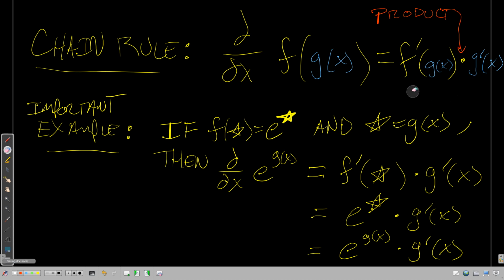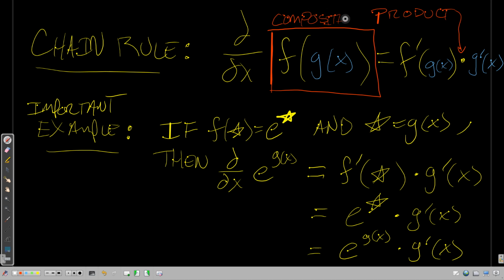You know that you have a situation where you must use the chain rule when you have a composition of functions. All you have to do is view that function that's on the inside of the f.